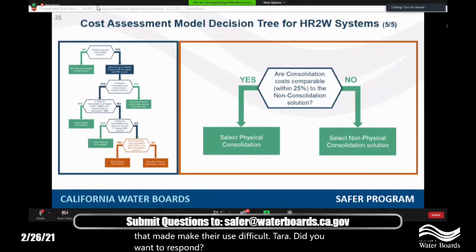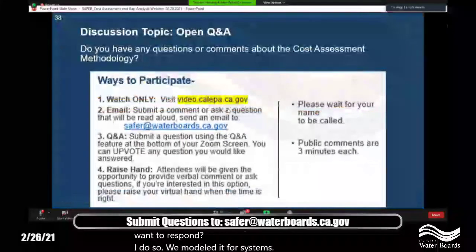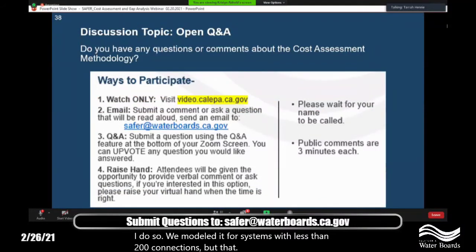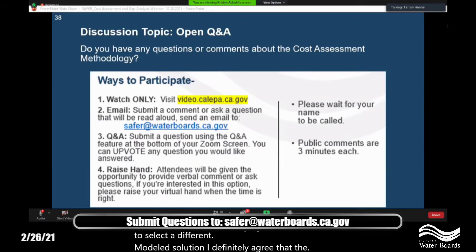I do. So we modeled it for systems with less than 200 connections, but that does not mean that it will be the selected solution. As you saw through Khalil's presentation, there can be a lot of reasons to select a different modeled solution. I definitely agree that the more connections you have in a system, the less feasible point of use and point of entry becomes.